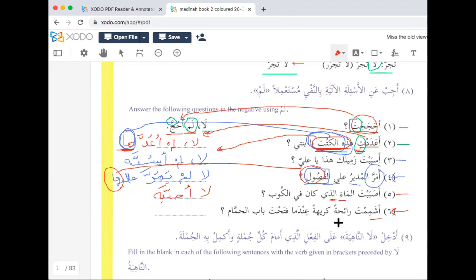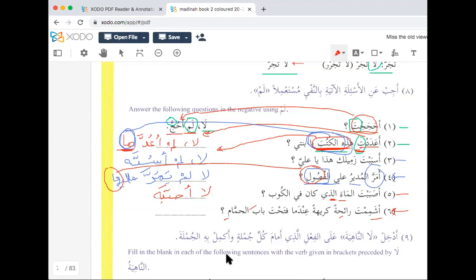أشممت رائحة كريهة عندما فتحت باب الحمام. عندما فتحت باب.